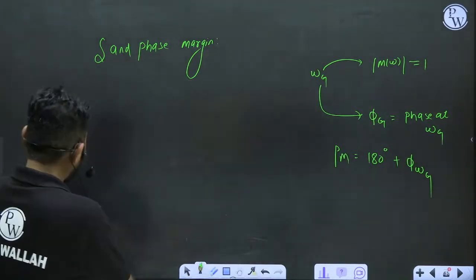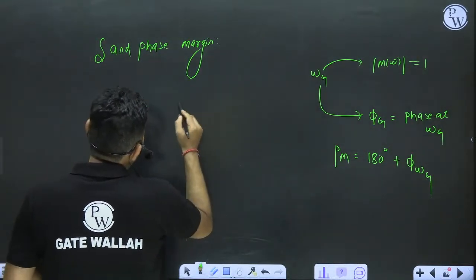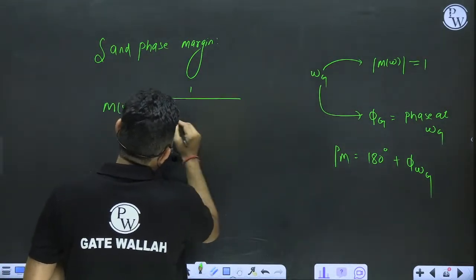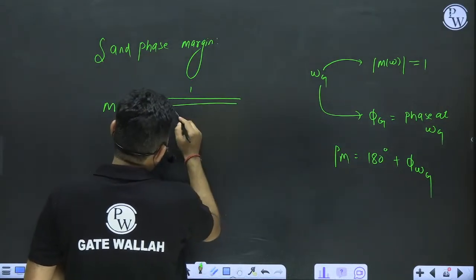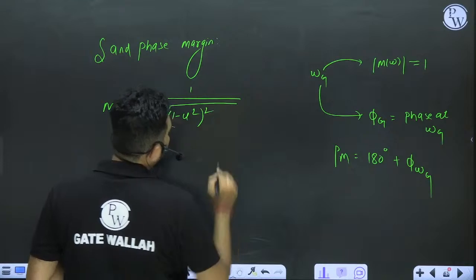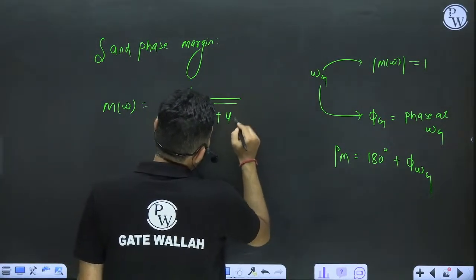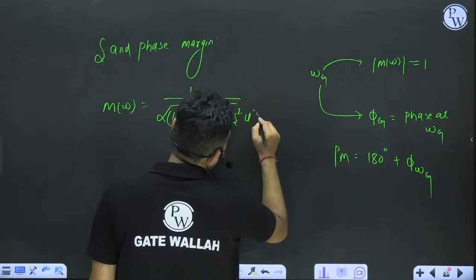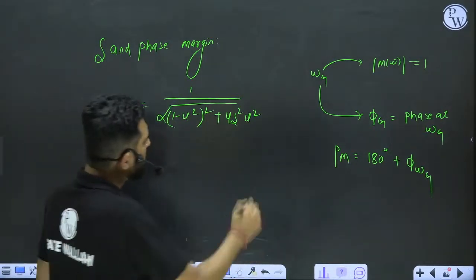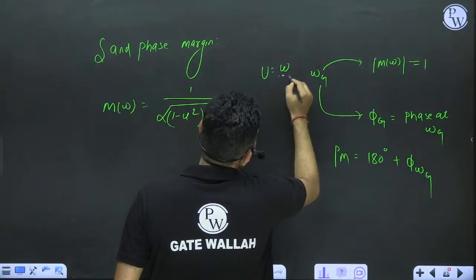See, you know what M omega is. M omega is 1 over root of 1 minus u square, whole square, plus 4 zeta square u square, where u is omega by omega n.